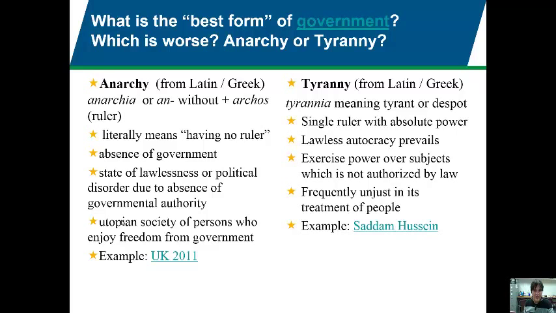Because the tyrant doesn't care too much about his people, he'll often treat them unjustly. The best example that I have here is Saddam Hussein. Saddam Hussein was considered a tyrant who didn't really care for his people, treated his people very poorly, and in most of Iraq there was no law to really guide the people that much. So that's the difference between anarchy and tyranny.